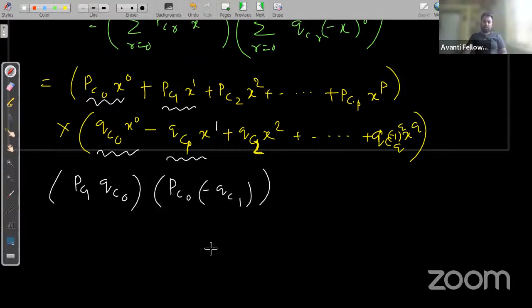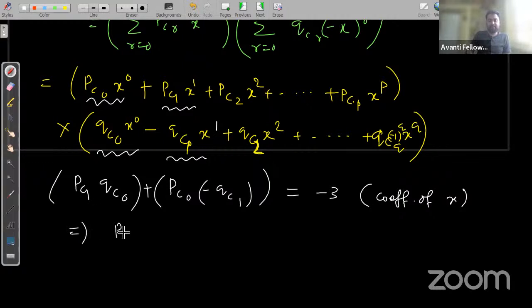These two are the coefficient of x, which is given as -3. If we solve these, pC1 is p, qC0 is 1, and pC0 is 1, minus q is equal to -3.